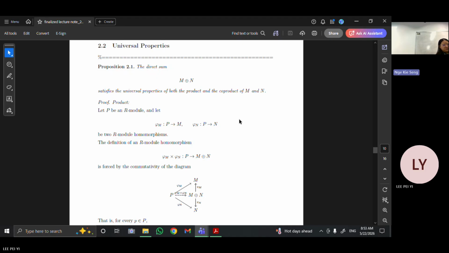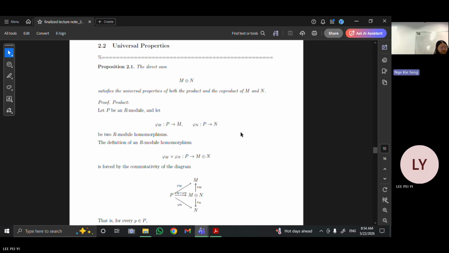Next, the universal properties of the direct sum. For this proposition, the direct sum M ⊕ N satisfies the universal properties of both the product and the coproduct, and this proposition is important categorically.